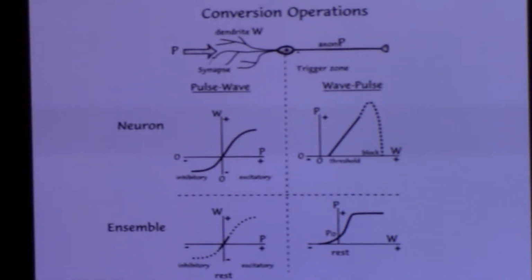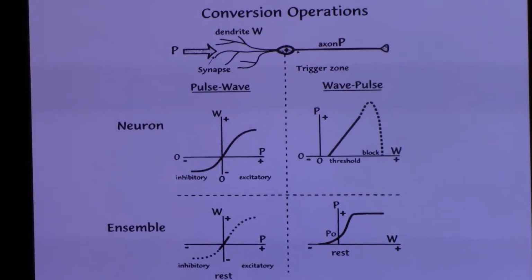This is one of the precursors to the whole K-set model, and it shows what's happening in a single neuron.